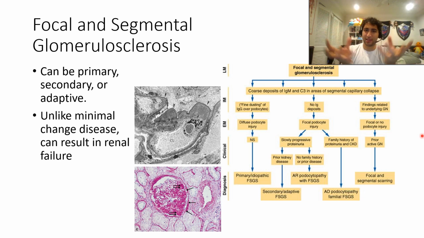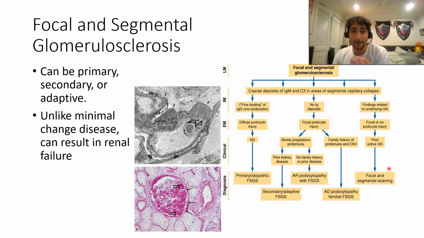You can have a familial thing that's not because of Ig deposits, right? There's no deposits of immunoglobulin, and that's going to be either adaptive because of current kidney disease, or it's going to be primary, but it's not primary as a classification, it's just genetic. If you do have immune complex involvement, then that's the primary idiopathic focal and segmental glomerulosclerosis.